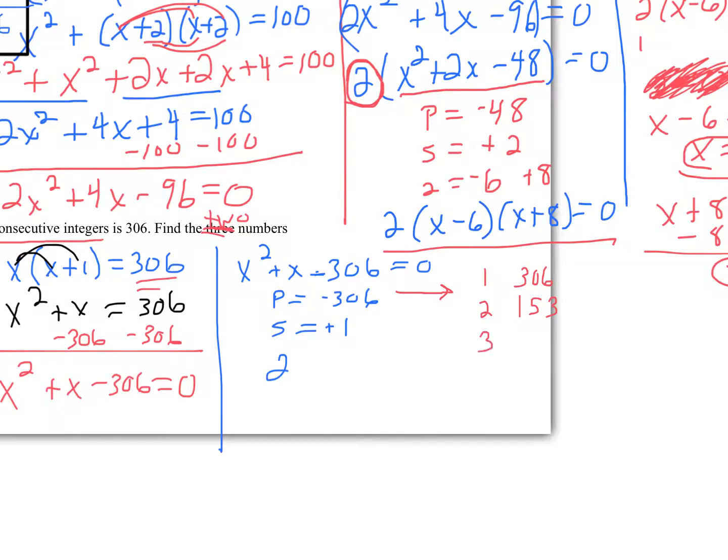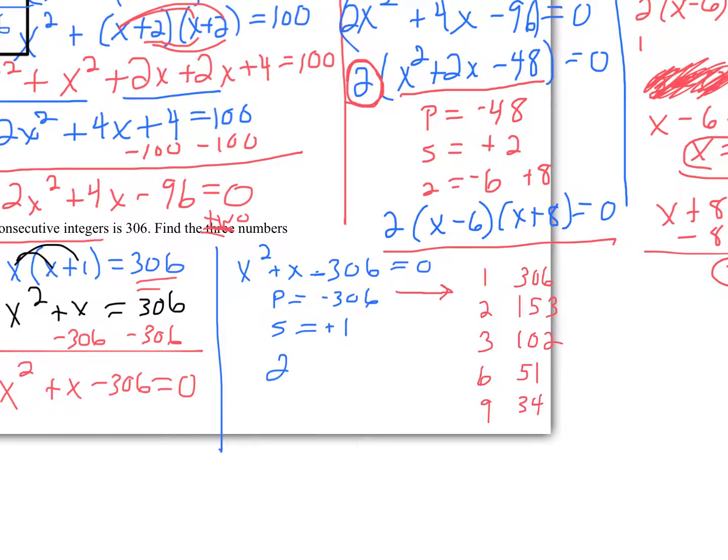So now we try 306 divided by 3 is 102. Nope, certainly not. Then you try 306 divided by 4, doesn't work. 306 divided by 5 doesn't work. Then you get to 6, and it's going to be 6 and 51. Well, we're getting closer. Try 7, doesn't work. You try dividing by 8, doesn't work. But then you get to 9, 9 and 34.